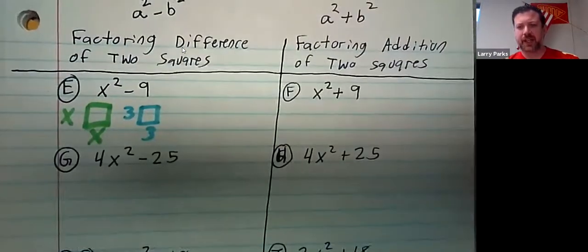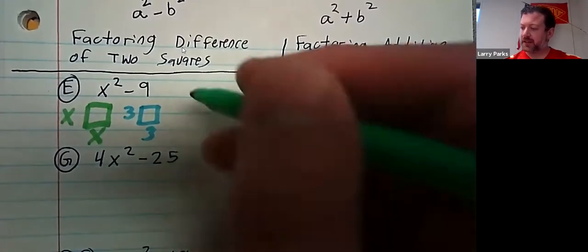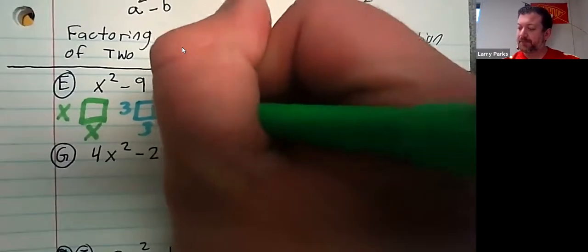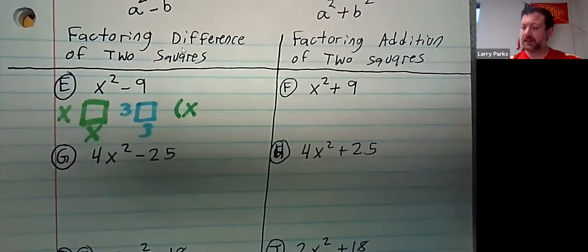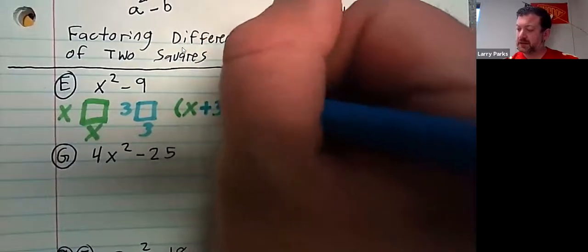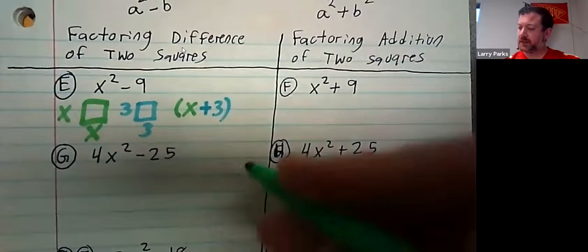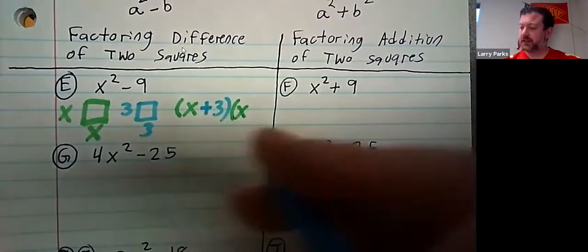Now, if these are not perfect squares, this does not work. And then what do we get? Our answer is going to actually be x plus 3 and x minus 3.